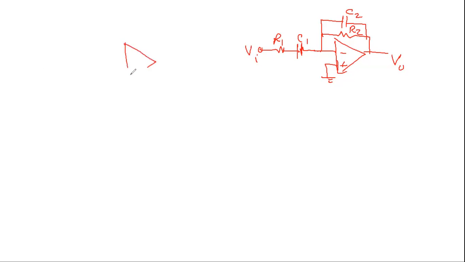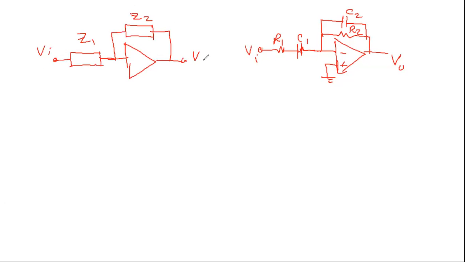Well, we know that if you have a negative feedback structure like this, this is a general analysis. So if you have a Z2 here and a Z1 here and Vin here and V out here, what's the transfer function of this system? Minus Z2 over Z1. That's correct.